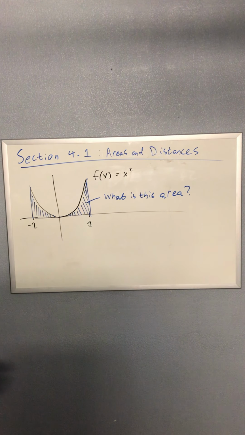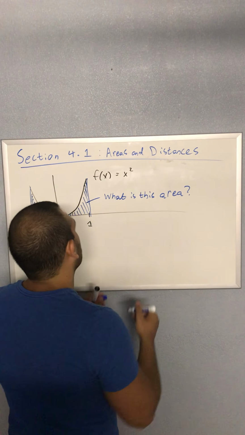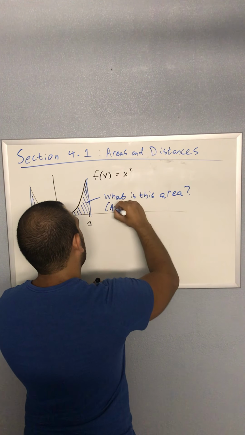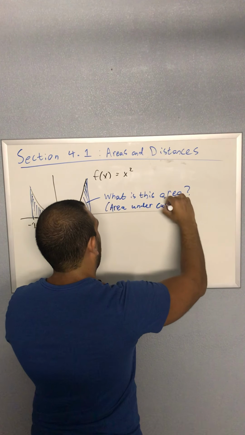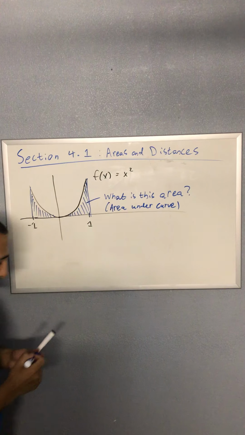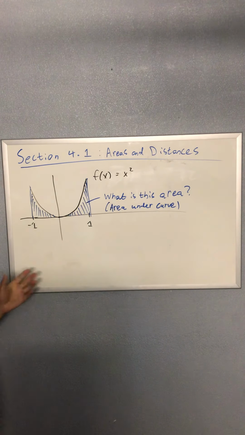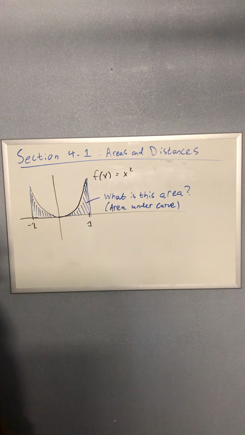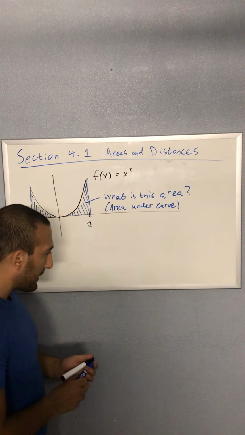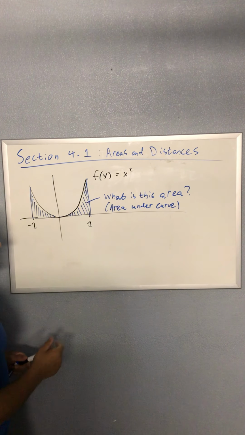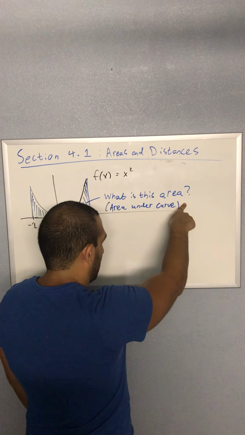So this is the area under the curve, which you're probably going to hear many, many times. Area under curve. And the antiderivative can give you this answer. And it turns out, very interestingly, that this is exactly the usefulness of the antiderivative.